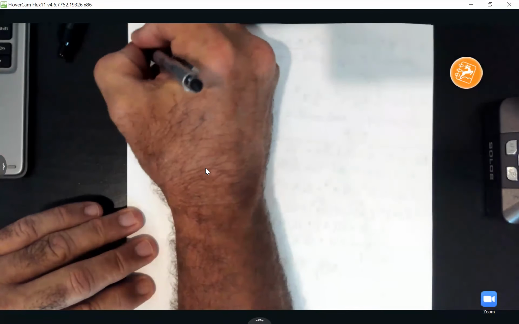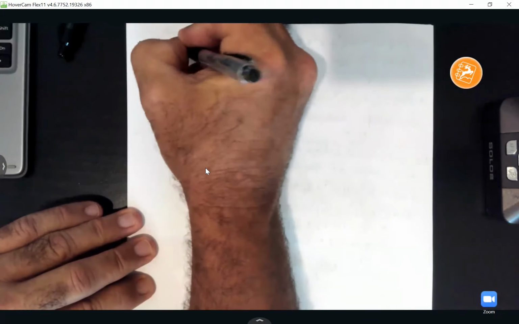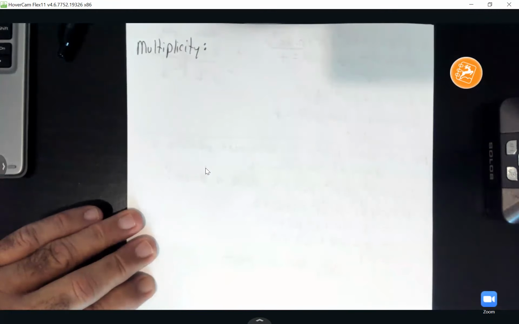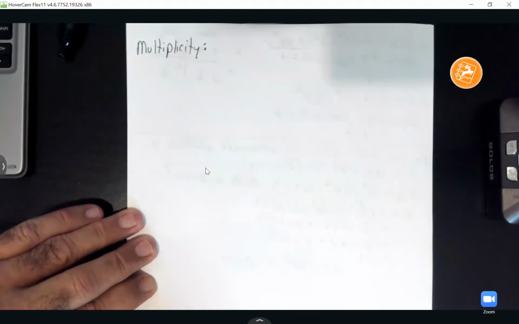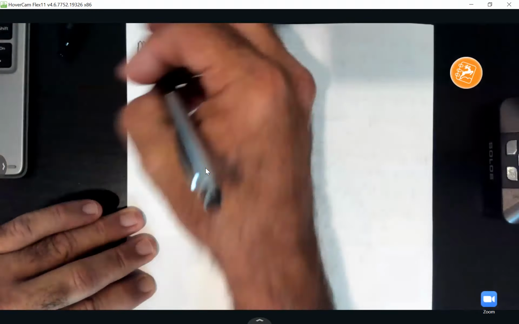So now, new definition. Multiplicity. The multiplicity is how many times a 0 occurs.